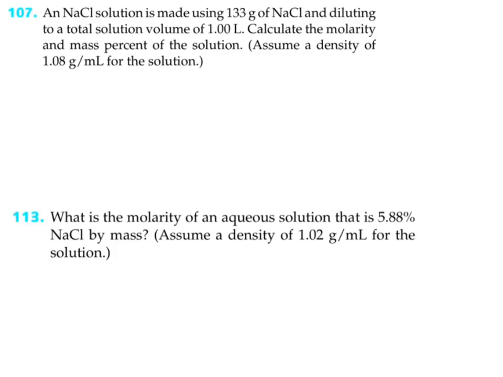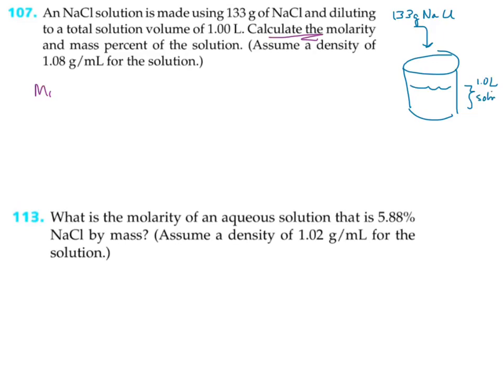So the first one is very similar to the problem we just did. The thing that's dissolved is sodium chloride, and you're supposed to come up with its concentration in molarity and also weight percent. I would draw a picture.